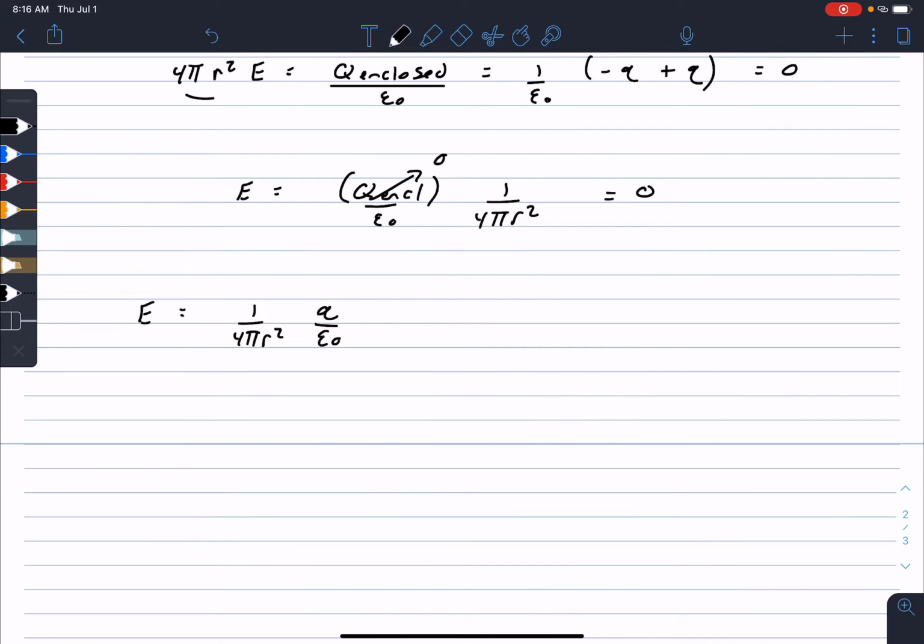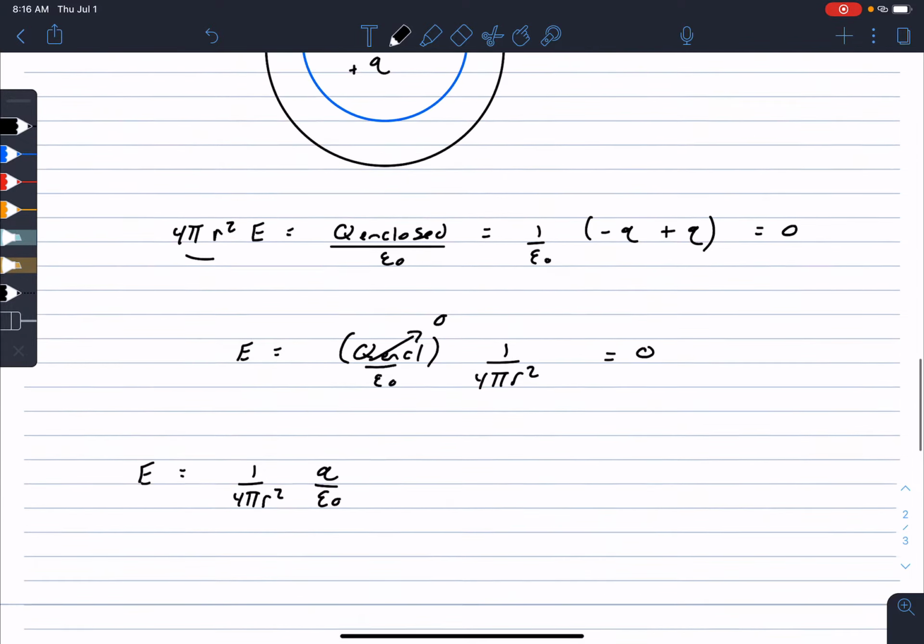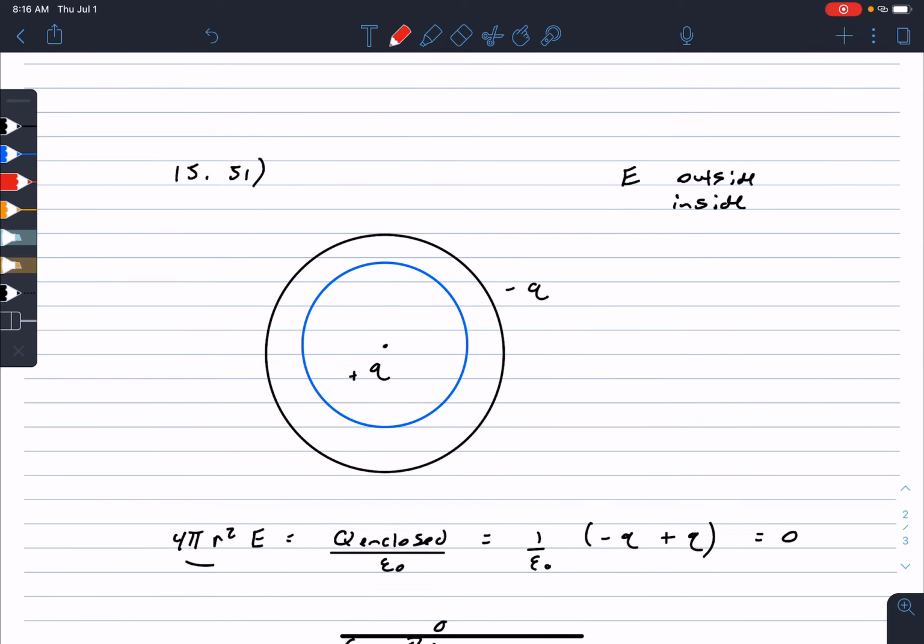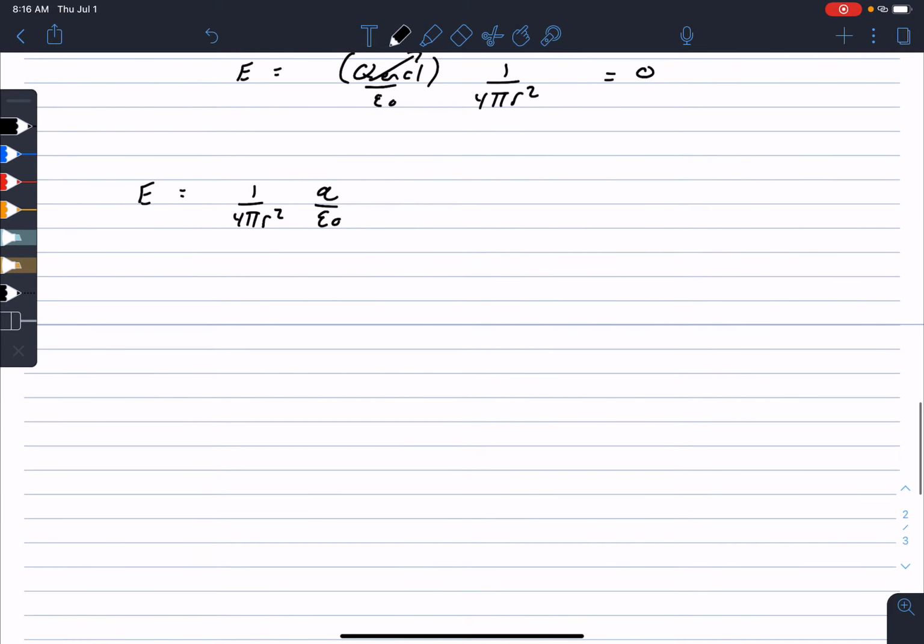And the direction that this is pointing, because it's positive, is going to be outwards, radially outwards. So what we would say is in the r hat direction. Okay, so total E field, we can usually write it like this: 0 outside, K Q over r squared, r hat inside.